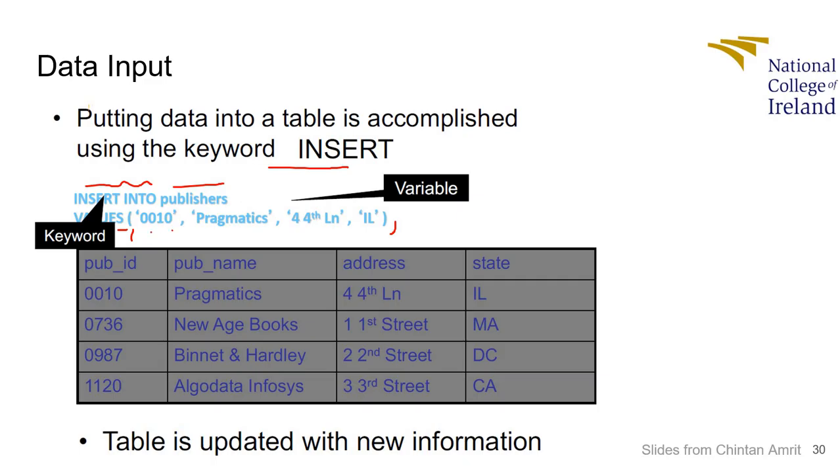The new publisher ID would be 0010, publisher name Pragmatic, publisher address 4 Fourth Lane, and publisher state Illinois. And that has been added here, so the table has been updated. The number of values in the parentheses should match the number of columns that already exist in the table.